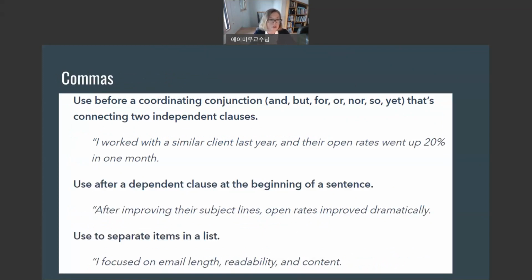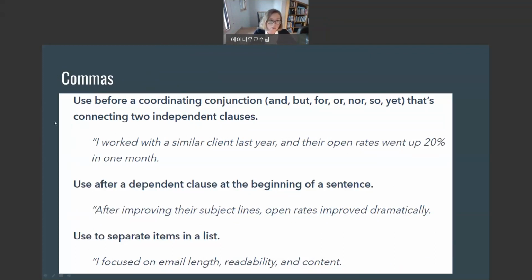Commas. Use commas before a coordinating conjunction, like and, but, for, or, nor, so, and yet, also known as FANBOYS. Use them before a coordinating conjunction that's connecting 2 independent clauses.